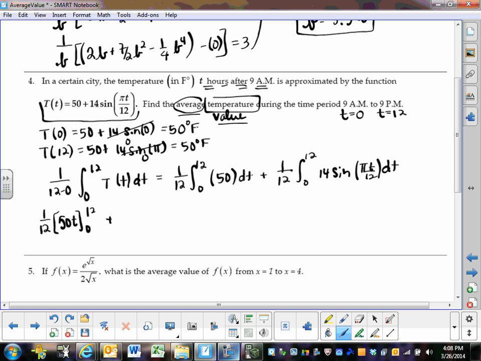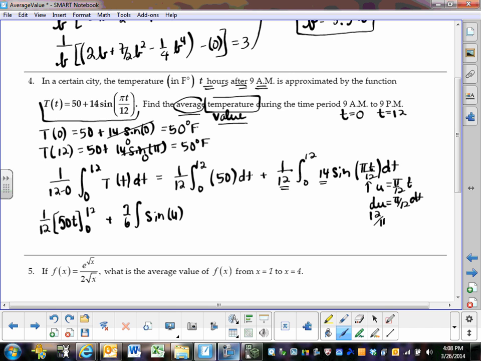The second part is going to be a u substitution. I'm going to factor out the 4 and put that over the 12. So I have 1/3. But then I have the sine of u. So my u is going to be pi over 12t. So du is pi over 12 dt.